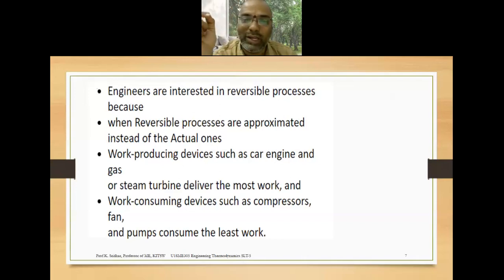So what do you mean by the conditions apply or the standard test conditions? That is, the car is running under frictionless conditions, that is the simulation. In the simulation process, the frictionless conditions are created.